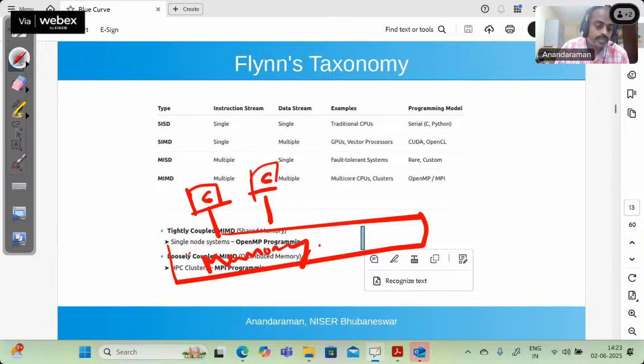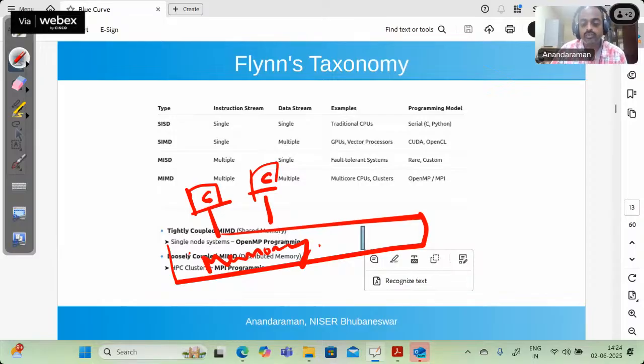All the cores share a memory. For example, if one server has 64 cores, the memory in the server might be 128 GB or 512 GB, so that all the cores share a memory. That is a single node.